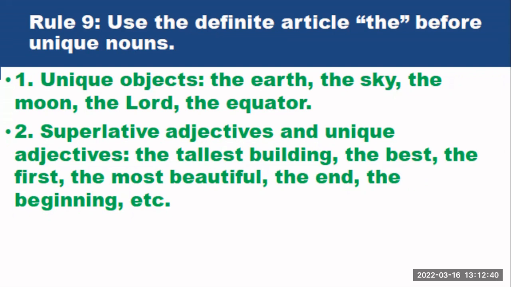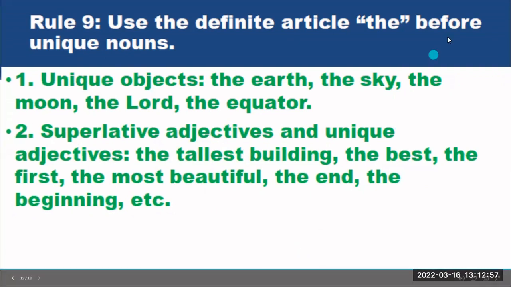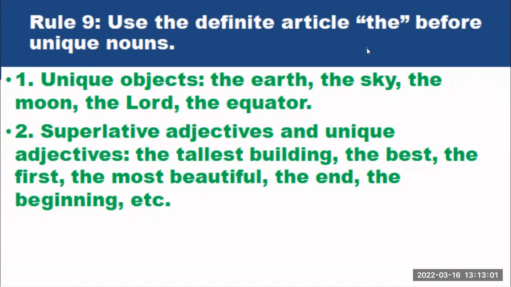Now, some of these unique adjectives, you use them with the definite articles, all right? So we have been able to look at how to use articles. We have looked at the articles in English and the rules for using them.